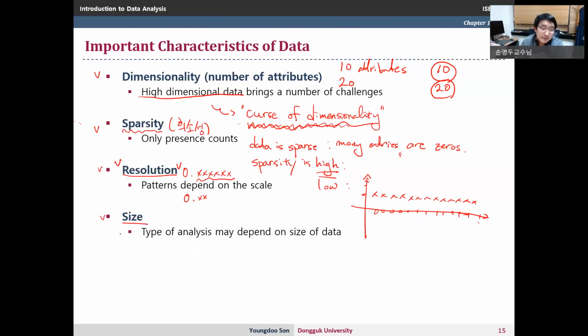And the size means the number of objects in the data.